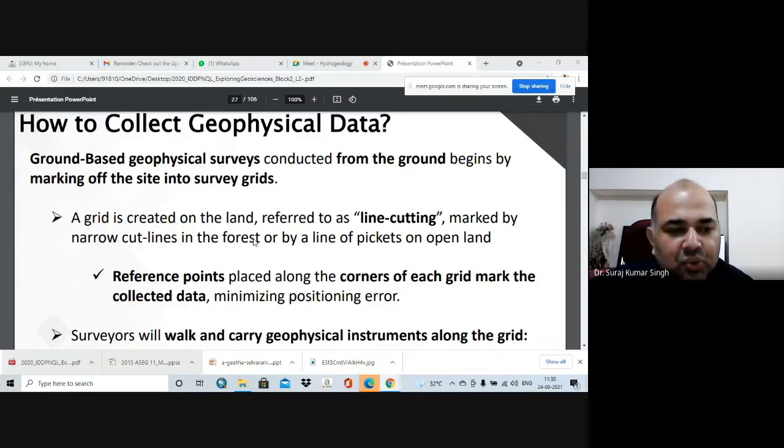So what we do is divide the entire study area into various grids. A grid is created on the land. You'll be creating the various grids, also referred to as line cutting, marked by narrow cut lines in the forest or lines of pickets on open land.